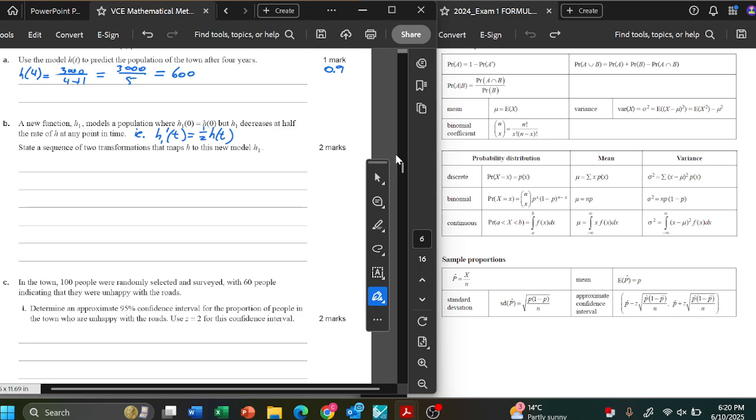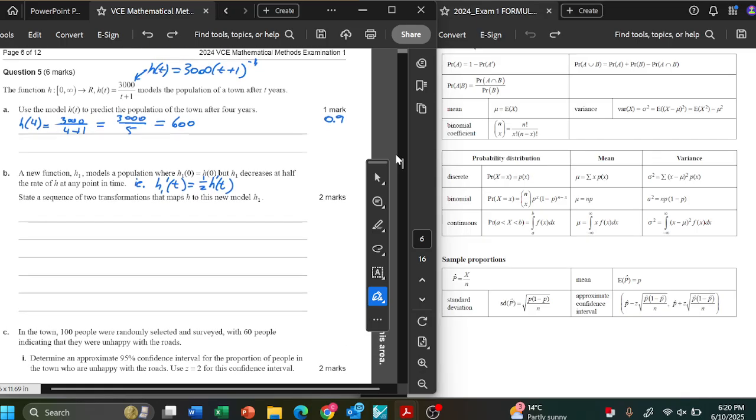So let's work out what the derivative of h is. We know that h is equal to 3,000 times that thing here. So the derivative of h is going to be equal to 3,000.